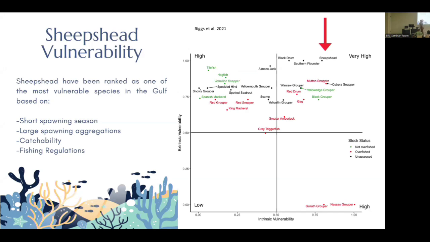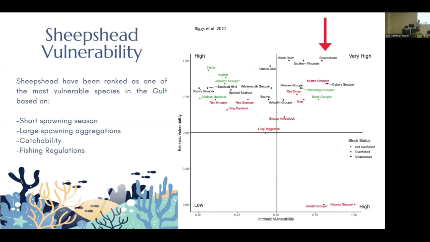Extrinsic vulnerability is related to the fishery. So if there's a lot of protections in place or not a lot of harvest going on, there's lower vulnerability there. The species up top are the ones that have, let's say, higher quotas or easier to catch.